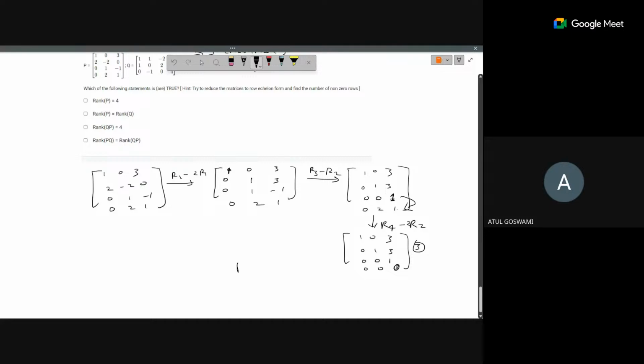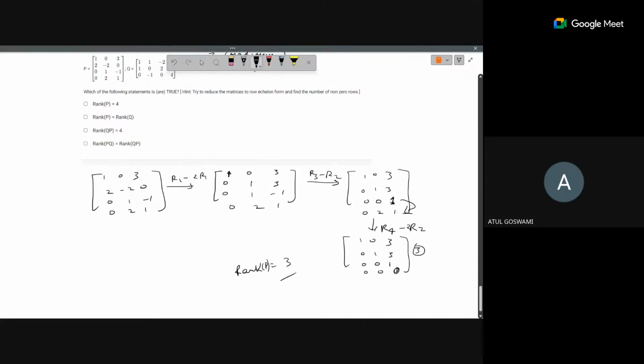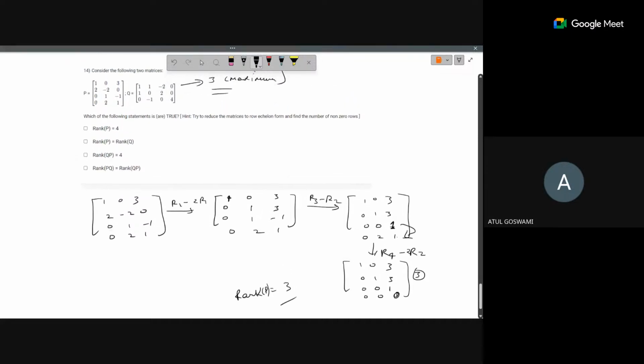Rank of P is 3, not 4. And what is the rank of Q? Similarly, if you reduce, it will be 3 only. Okay, so this option is true.